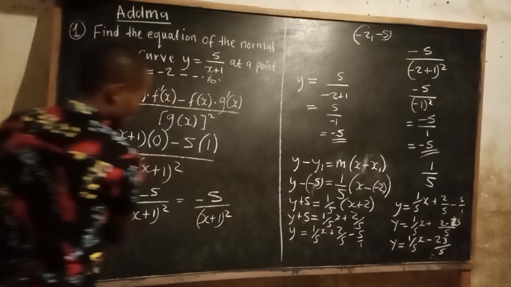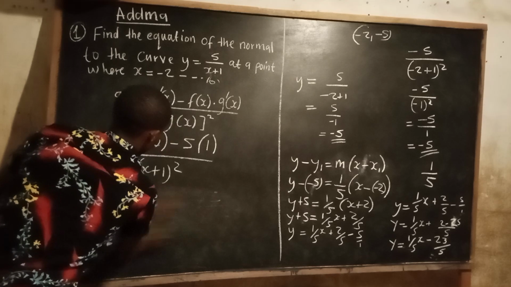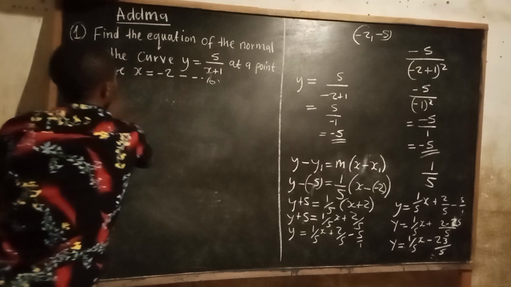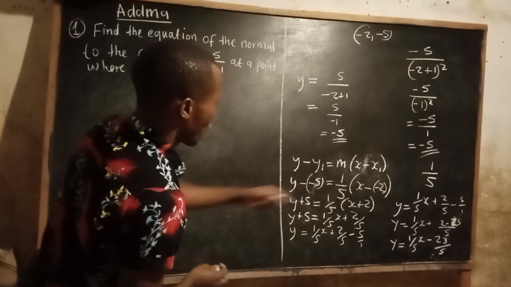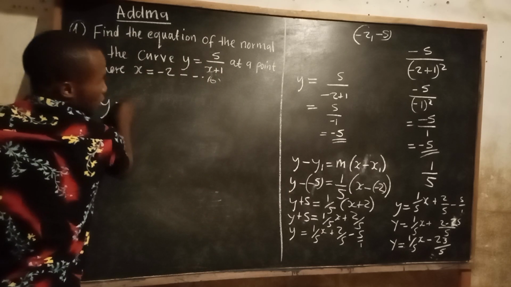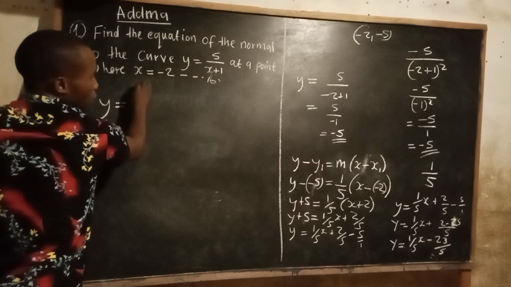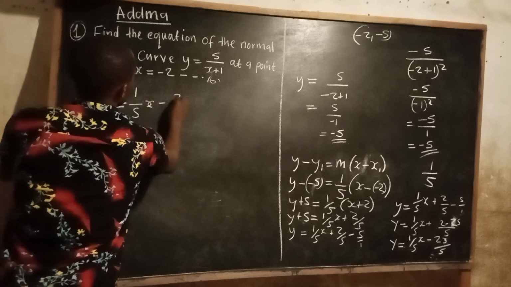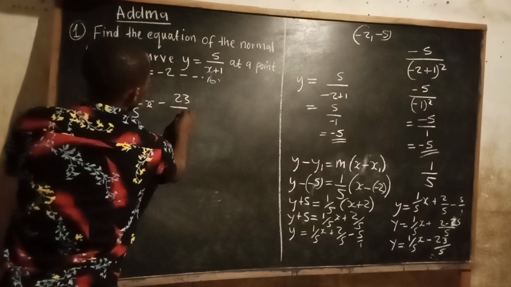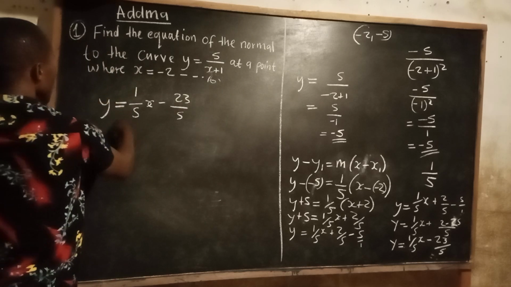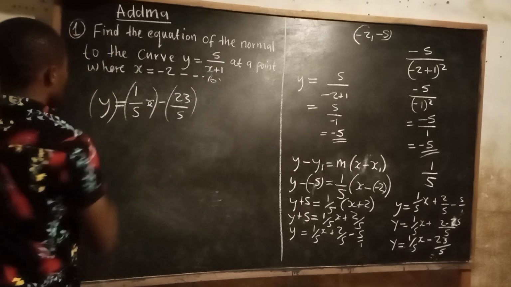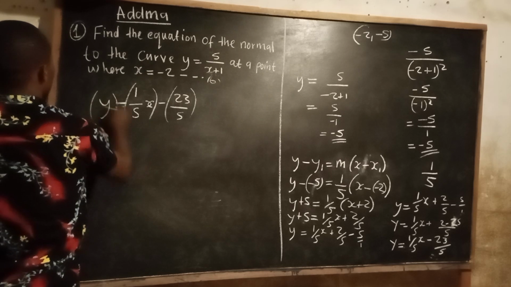So if you don't want to leave that equation in that form, then let me wipe this part of the board so that you can have space to write. The expression that we have here is y equals 1 over 5 x minus 23 over 5. Then from there, we can now eradicate the fractions. The common factor here is 5.